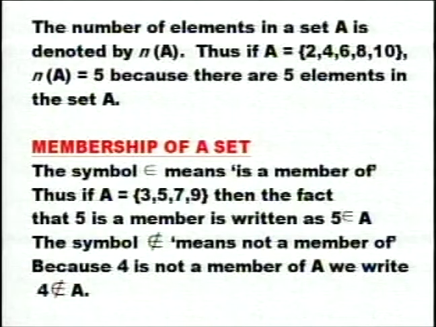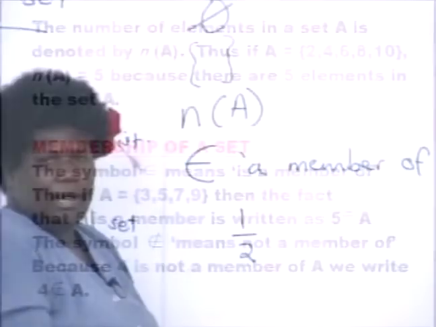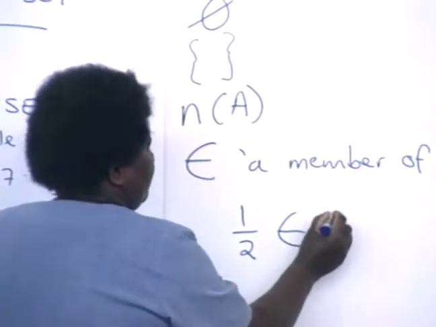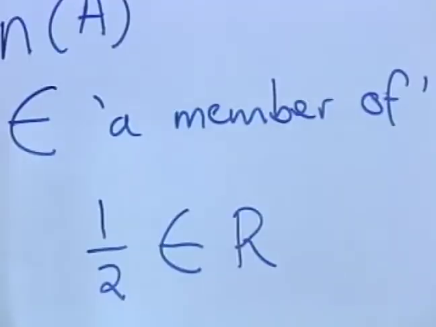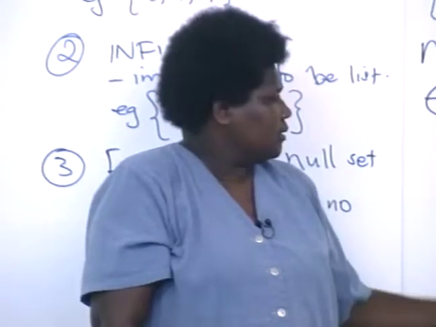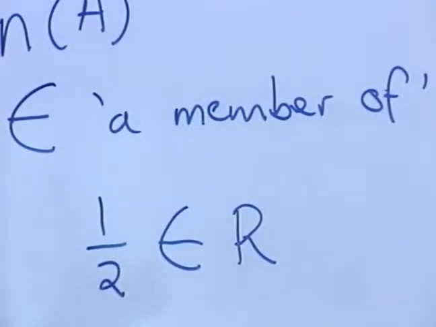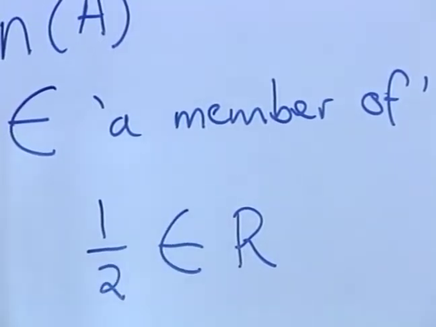If the set A has elements 3, 5, 7, and 9, then the fact that 5 is a member is written as 5 is a member of A. If I said something like a half is a member of R, R usually represents the real numbers. That means a half is a real number. So that's the shortest way of saying half is a real number.